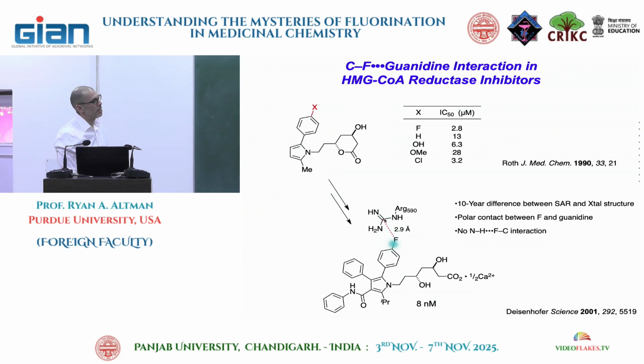And you can see the distance, 2.9 angstroms. You can see the improved potency of the ligands in match pairs at this position. So ultimately we have another multipolar interaction that was present for well over a decade, but nobody really realized what was going on with these systems. Okay? So that's what's going on there.